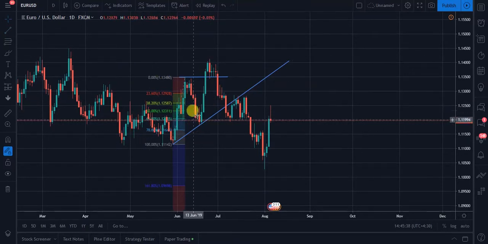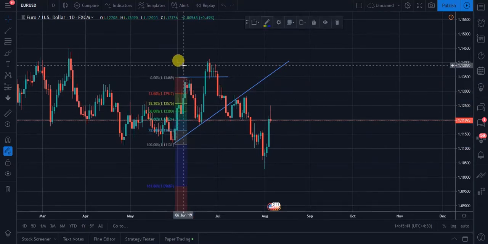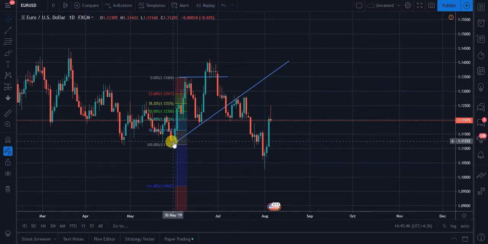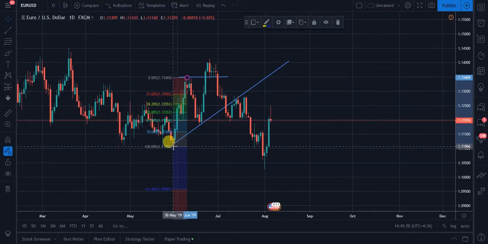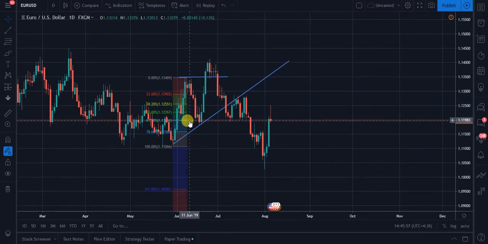Okay guys, but here, as we drew that Fibonacci retracement from this level, that is the old low, to this high. So the best area to trade is waiting for these numbers.